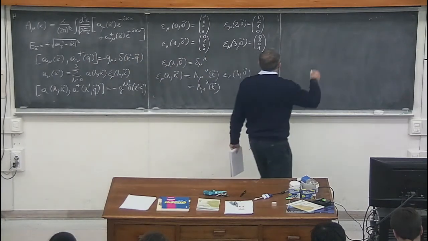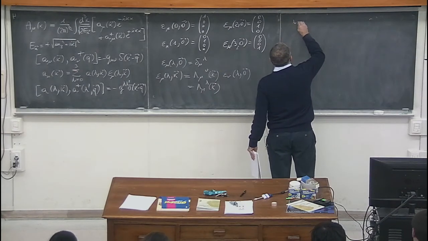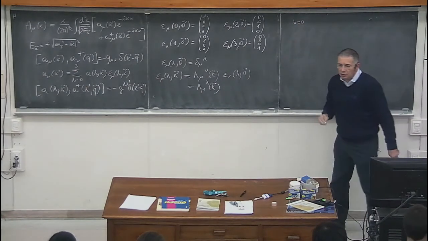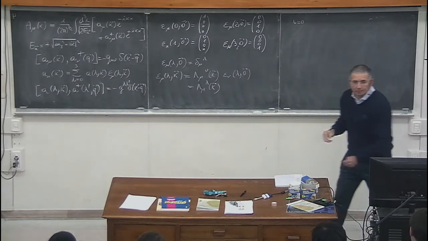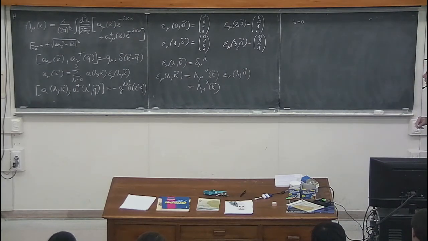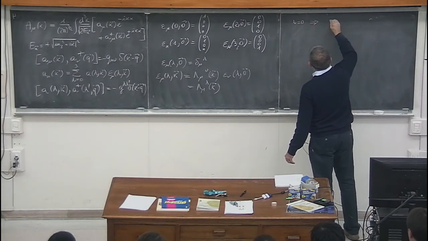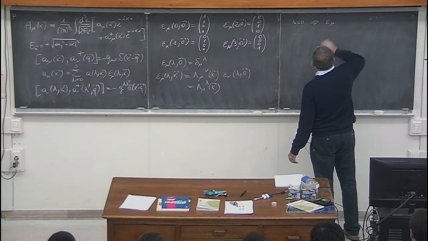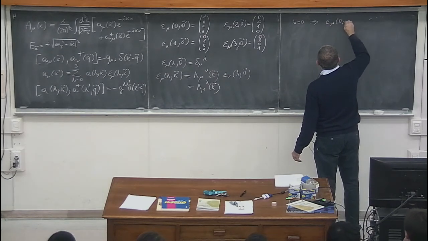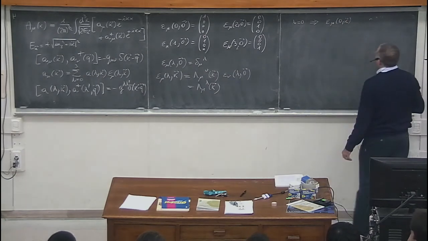So let us concentrate on the polarization modes with lambda equal to 0. If I take lambda equal to 0, then it is easy to show that epsilon mu 0 k is proportional to k mu.